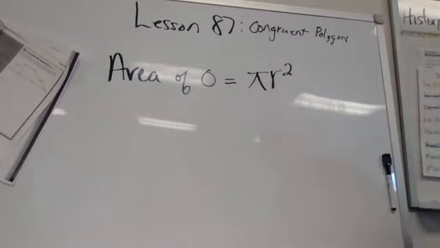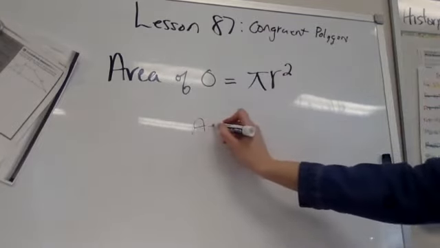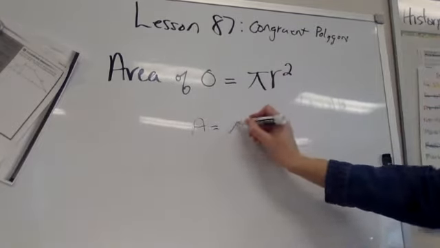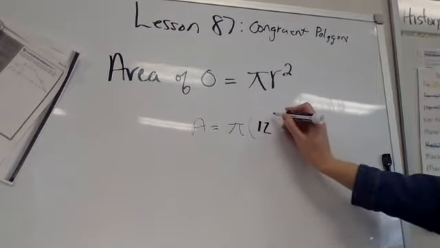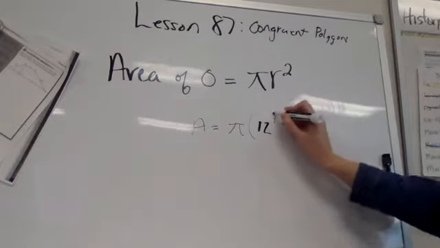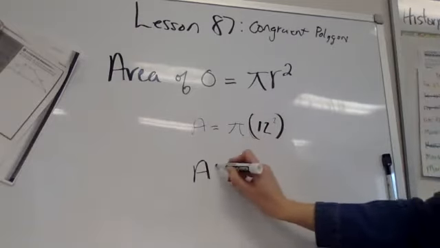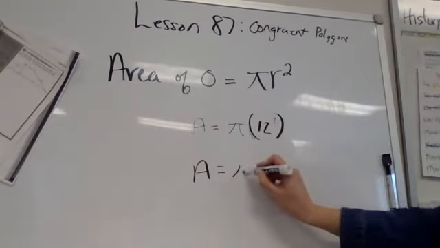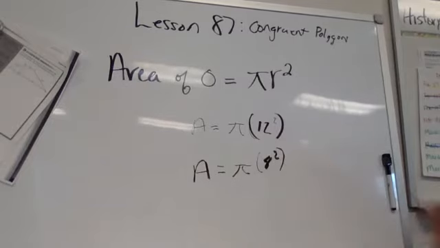So to find the area of your big circle, you're going to have A equals pi, radius of my big circle is 12 feet, and that would be 12 feet squared. Sorry, my marker's off. And then my area for my little circle is going to be pi 8 squared. Okay, so that's your formula for that one. And then you will just work out the math.